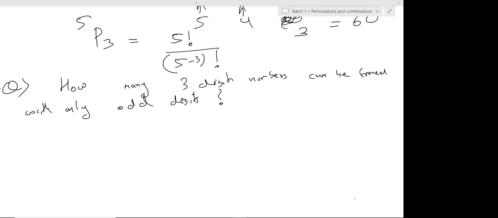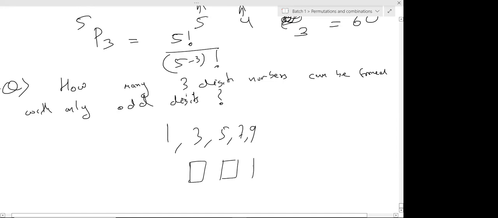Yes, 5P3. Right. The odd digits are 1, 3, 5, 7, and 9. You have to make 3-digit numbers. The first method would be 3 spaces. This can be filled in 5 ways, 4 ways, 3 ways.